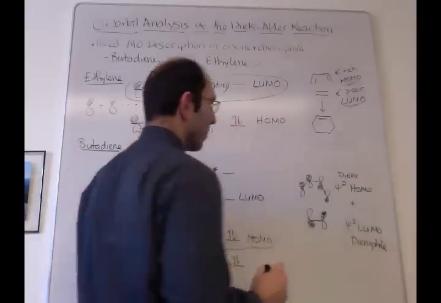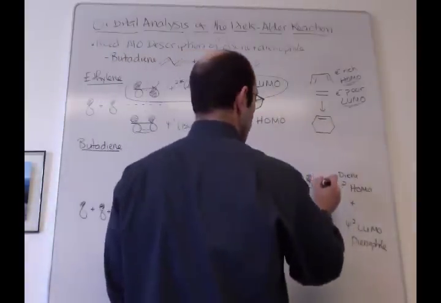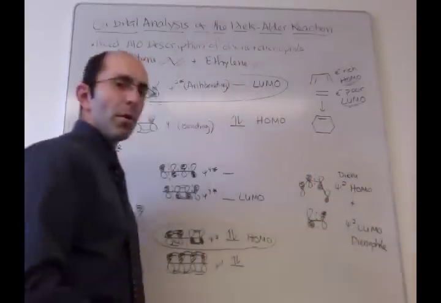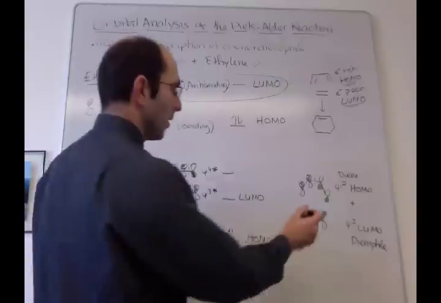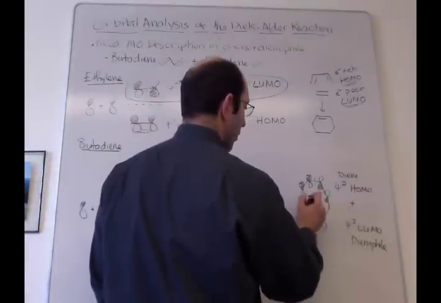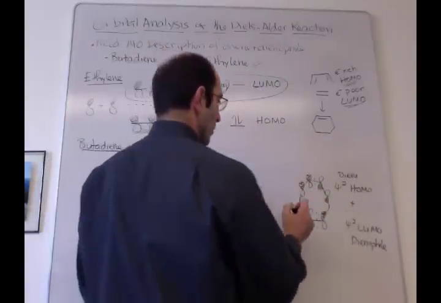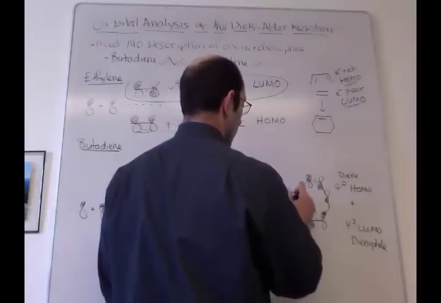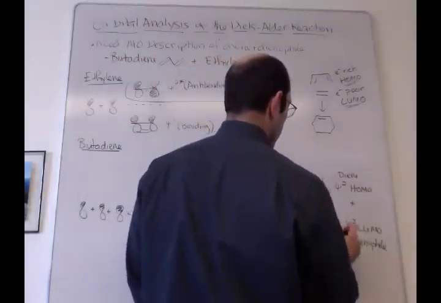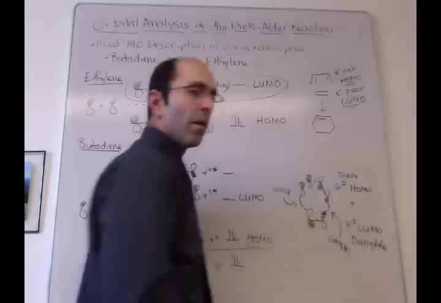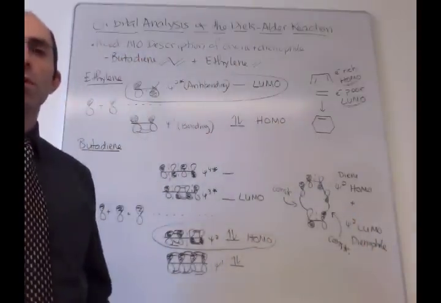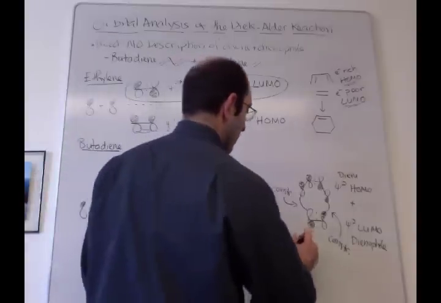It looks like that. And again, if we want to put nodes in, we can put the nodes in where they are. But if we do this, we can see that we have constructive overlap at both positions. Right? So we have constructive overlap there and constructive overlap there. Those two areas of constructive overlap mean that this reaction happens.